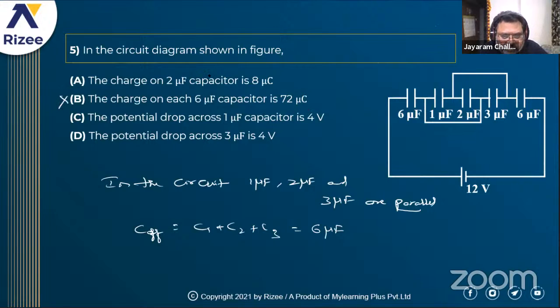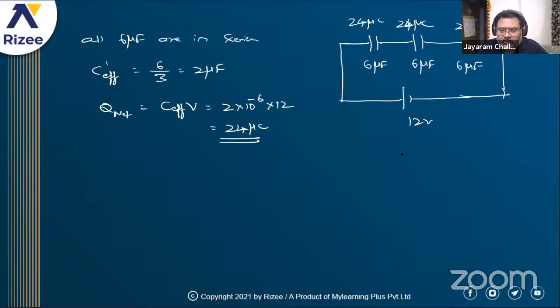Now let's go for the first, third, and fourth options on this particular thing. So I take this as 1 microfarad here, and another is 2 microfarad, which is parallel to the 3 microfarad, since all of them are parallel to each other.